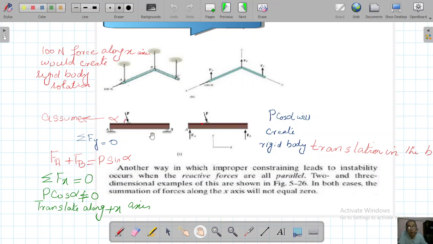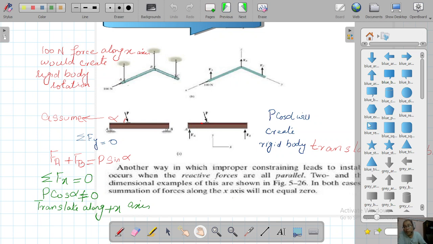It will have two components, a horizontal component and a vertical component. If you look at it, this will be the horizontal component and this will be the vertical component.